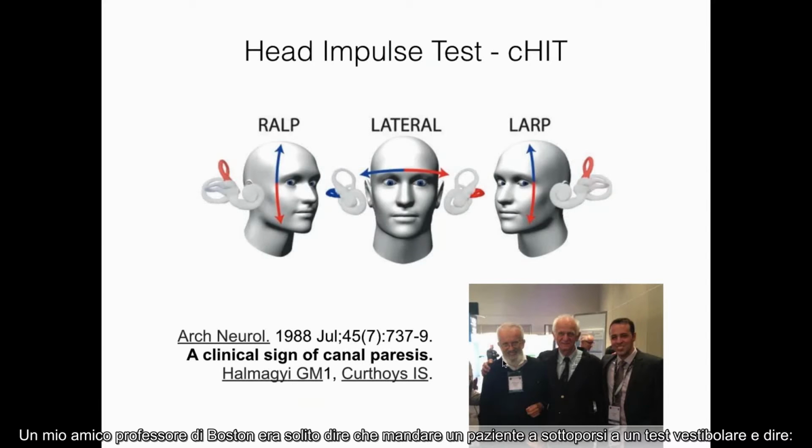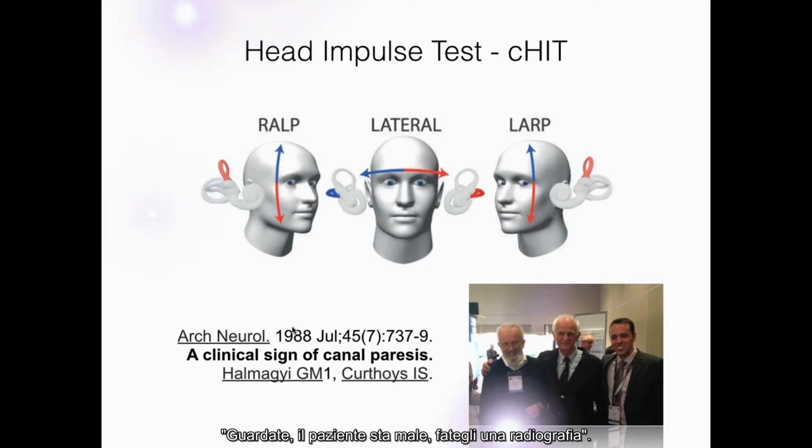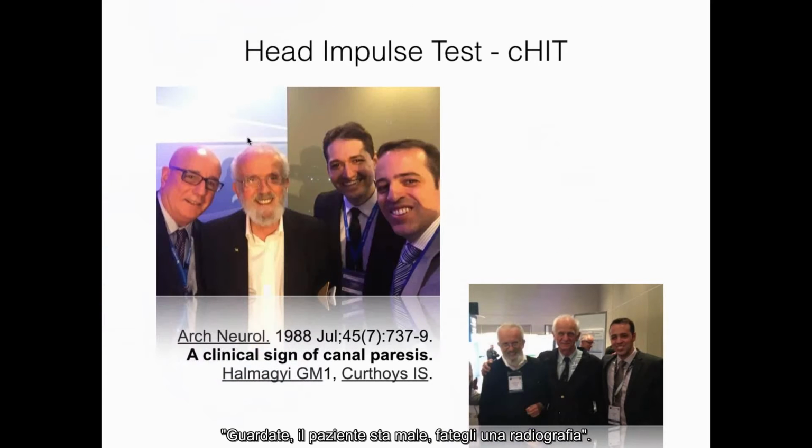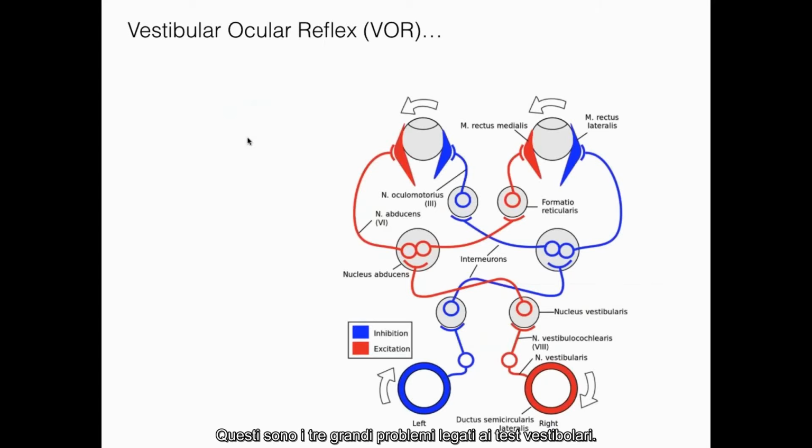A friend of mine, Professor Rauch from Boston, used to say that sending a patient to a vestibular lab and saying, look, this patient is dizzy, please do a vestibular test, is the same thing as sending a patient to a radiology department and saying, look, the patient is sick, please scan. What's the chance of radiology finding out the disease? None. So these are the 3 big problems with all the vestibular tests.